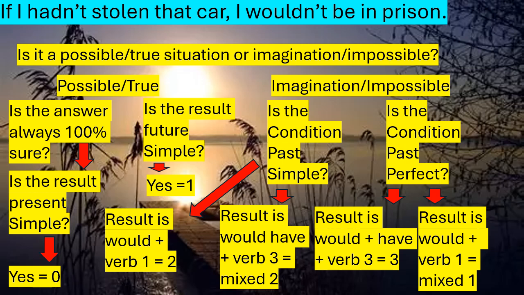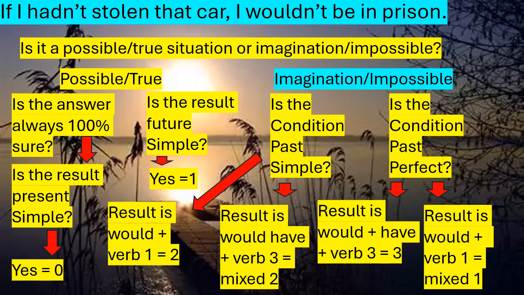Next question. If I hadn't stolen that car, I wouldn't be in prison. Is it a possible situation or imagination impossible? And the answer is it's imagination. I haven't actually stolen the car. Okay, so then the next question is the condition past simple or is it past perfect? If I hadn't stolen that car, so had means it's past perfect.